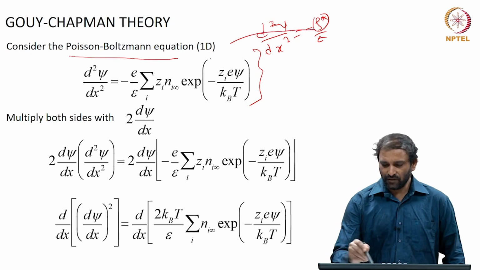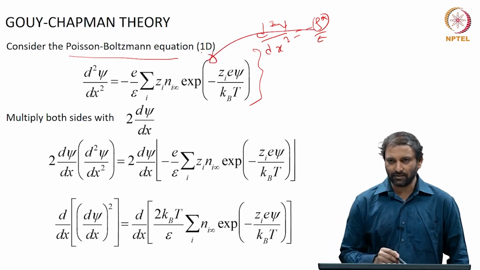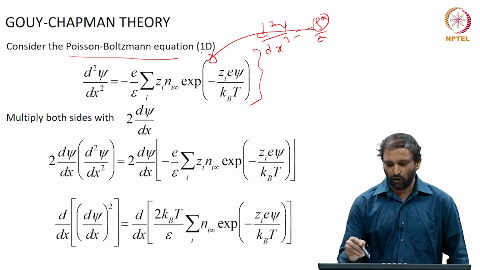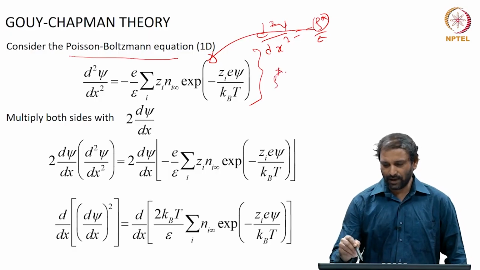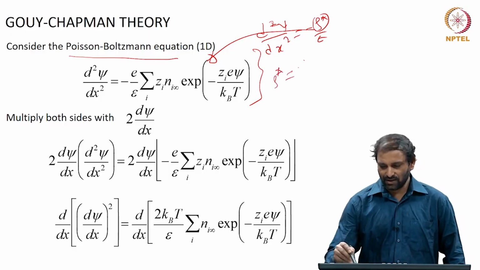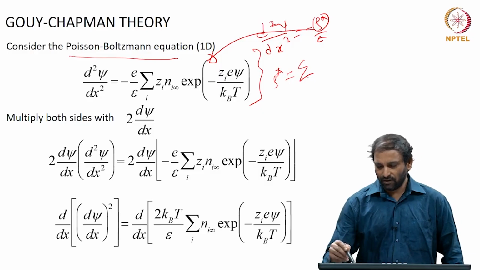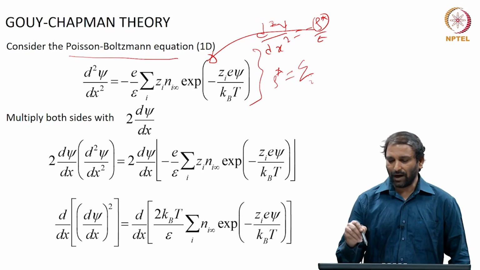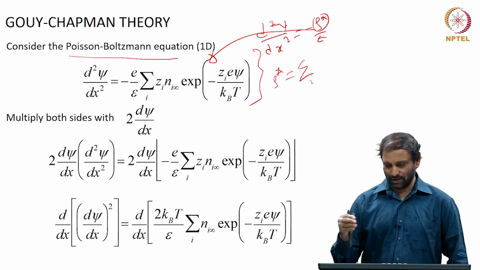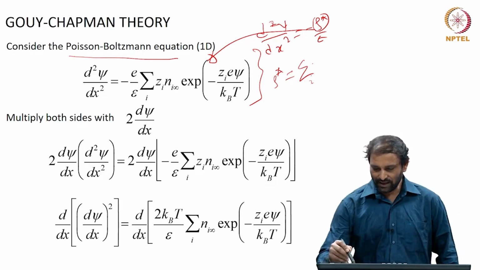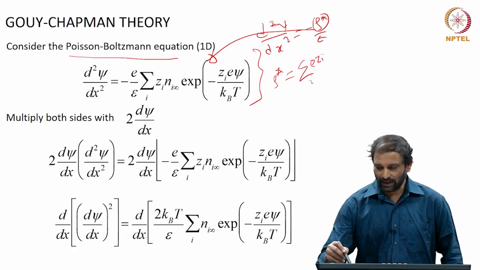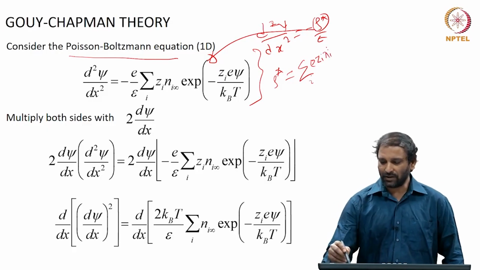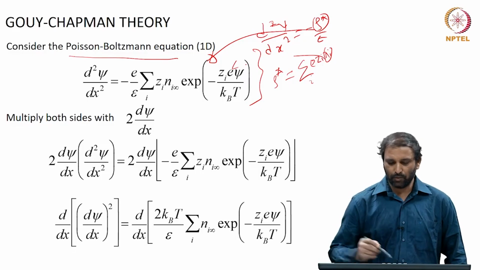Instead of rho star, we have used the Boltzmann factor, and then we have written an expression for rho star, which essentially is a summation over all the species in the solution; I would have to sum up the contribution from all the ions, which is essentially e times Zi times Ni, with Ni being given by the Boltzmann factor.